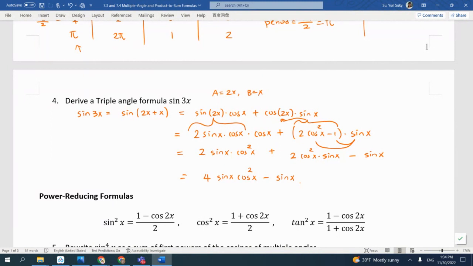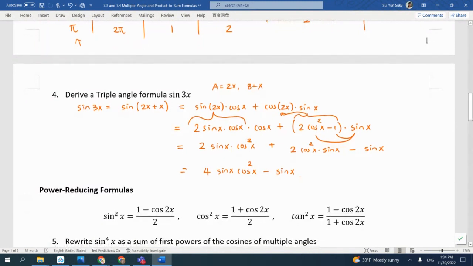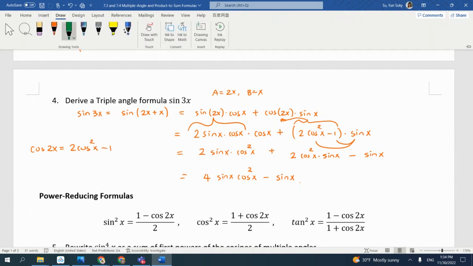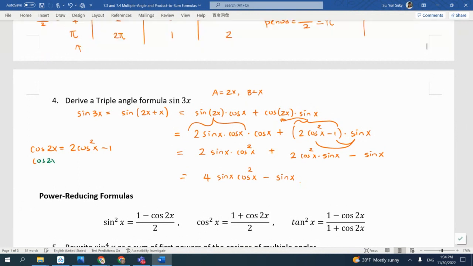Now, power reducing formula. Because we have cosine 2x is 2 cosine x squared minus 1, solve for cosine. So we add 1 on both sides, and then divide by 2.